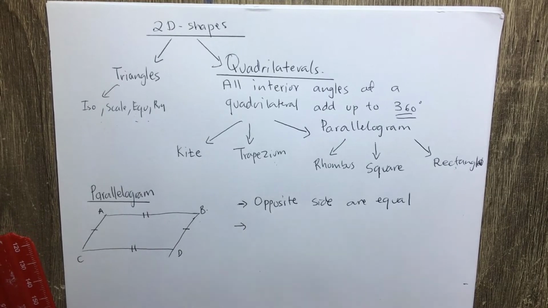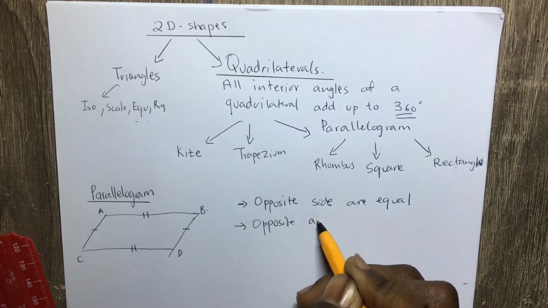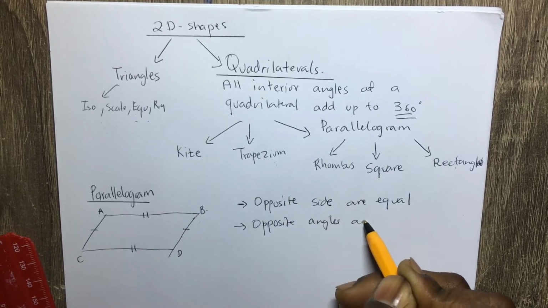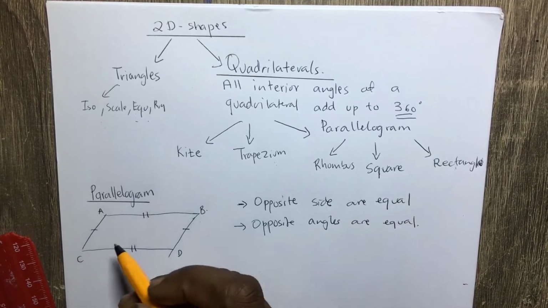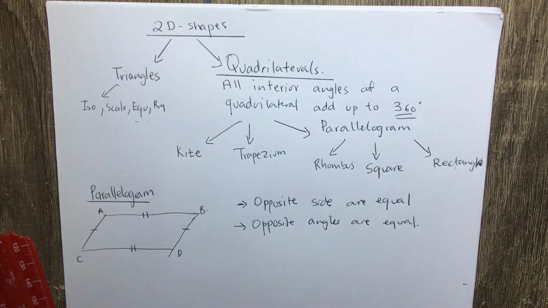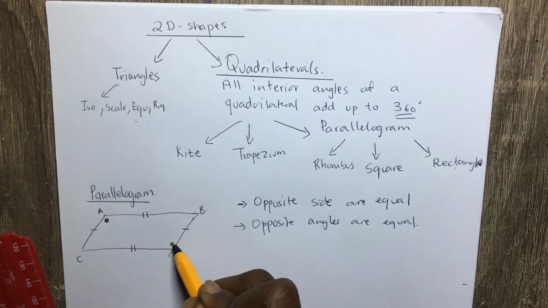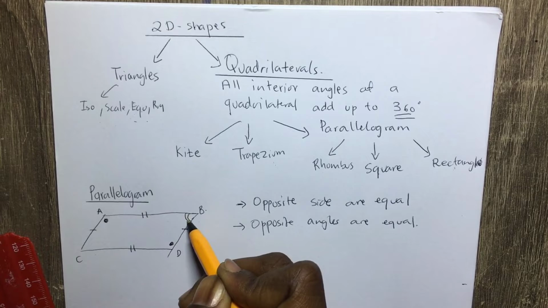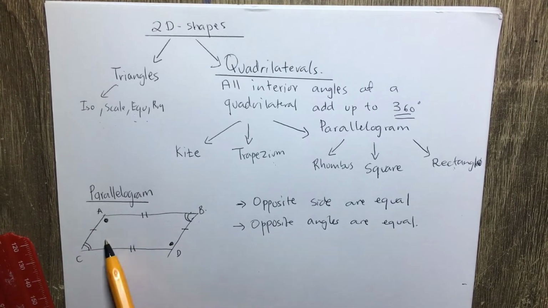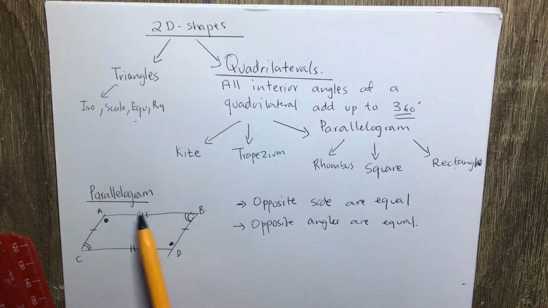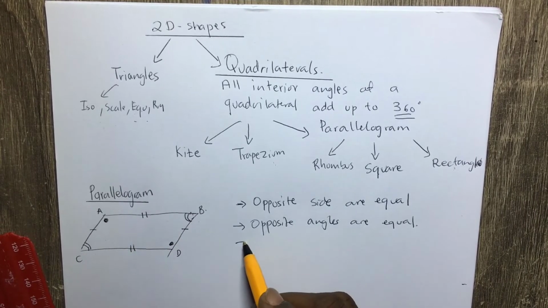Another property is that opposite angles are equal. Very important. This angle here will be the same as that angle there, and this angle will be the same as that angle. These opposite angles are equal.